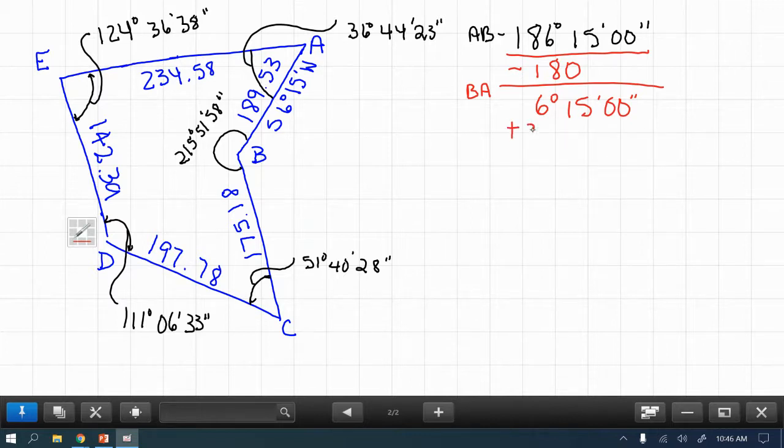So I'm going to go ahead and add. When you add them, it's pretty easy. It's when you subtract them that it gets tricky. And now I'm going to subtract B.